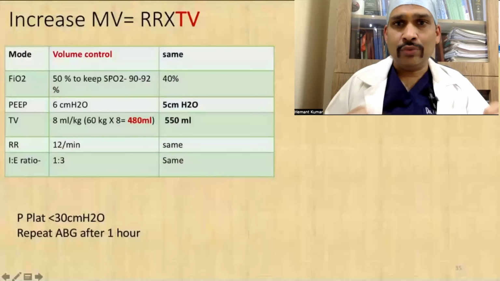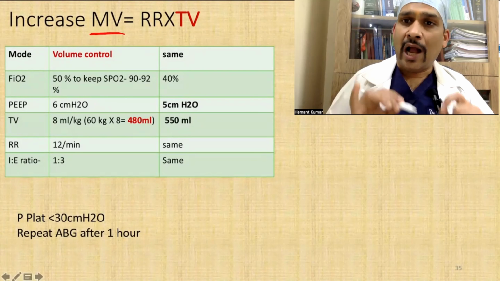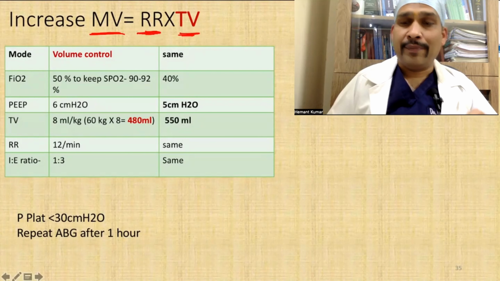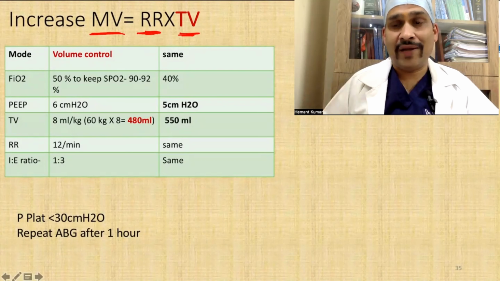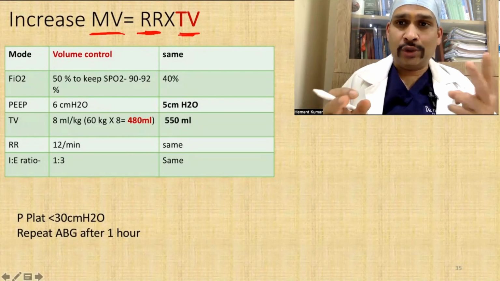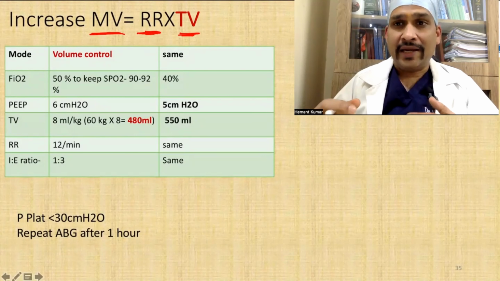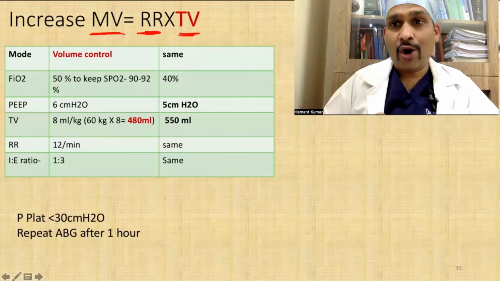So what to do? We have to increase minute ventilation. How? Either by increasing tidal volume or respiratory rate. But as I told you, we should not increase respiratory rate much. Why? Because of two things: the proportion of dead space ventilation will increase, and the expiratory time will get reduced. So there will be auto-PEEP.